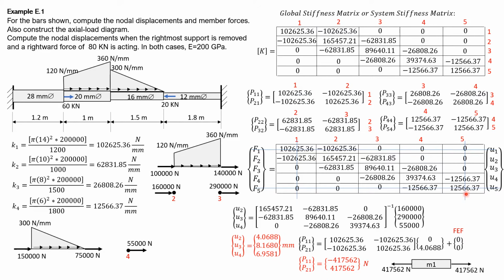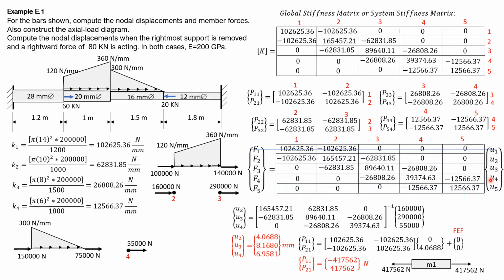So we cancel this, leaving it from 5 by 5, it reduces to a 3 by 3 matrix, which can be done by our calculator. So if we solve for U2, U3, U4, we have F2, F3, F4 equals this reduced stiffness matrix times this displacement matrix.